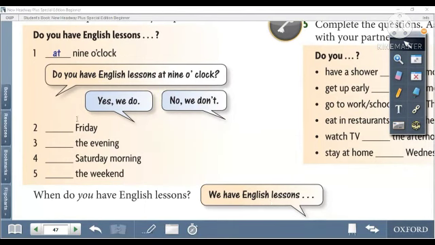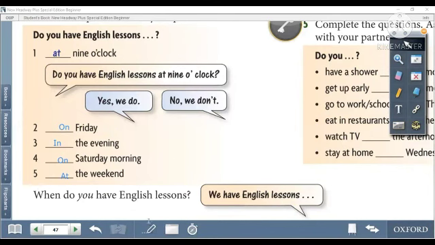Don't forget to write it with a capital letter because it's the beginning of the sentence. On Friday. The evening is a period of time. Excellent. In. Saturday morning, I have a day with a period of time, so I choose on. The weekend: at the weekend. Okay.